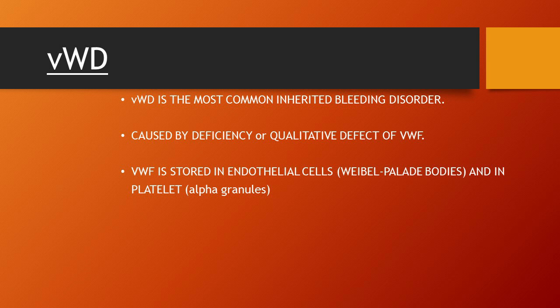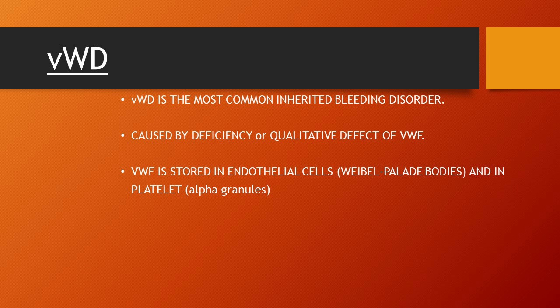Von Willebrand factor normally I said is present within the Weibel-Palade bodies, and these bodies are within the endothelium. And also, von Willebrand factor is present within the platelet because it is synthesized by megakaryocyte, and platelets are actually cut portions of megakaryocytes. So it also contains von Willebrand factor.